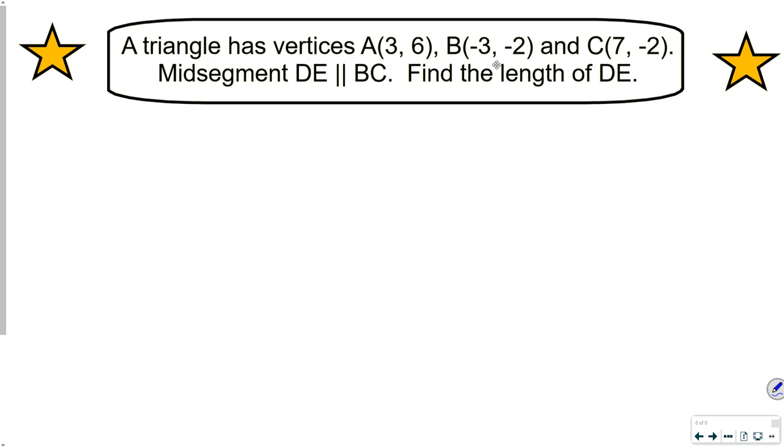Triangle has vertices A, B, C. It says the midsegment DE is parallel to BC. Find the length of DE. Well, we know that the length of the midsegment is 1/2 the length of the line that it's parallel to. So let's find the line that it's parallel to.